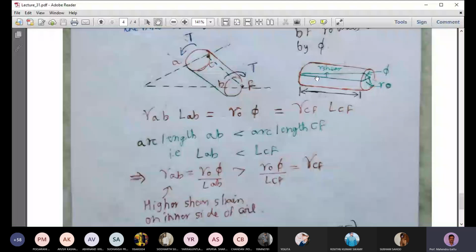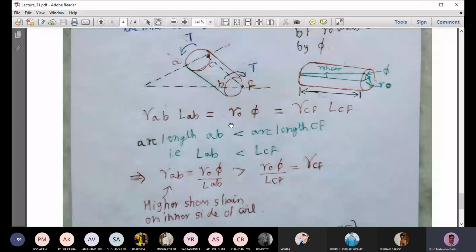We are using a simple relation: L times gamma shear is R0 phi. Similarly, for this line, there will be some shearing strain, gamma CF, with length LCF, so gamma CF times LCF will be equal to again R0 phi.